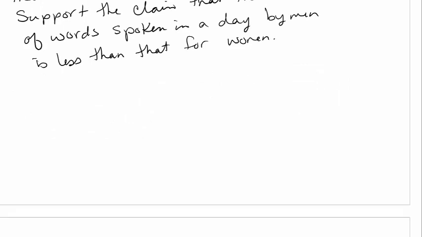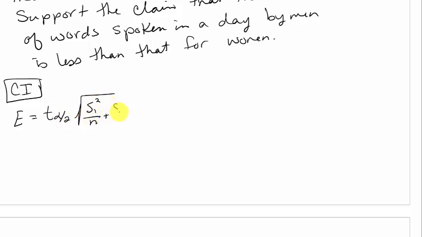Now we need to compute a confidence interval. The error formula for our confidence interval is t sub alpha over 2 times the square root of s1 squared over n1 plus s2 squared over n2. For t sub alpha over 2, you always want to use the critical value that you find for your hypothesis test, and always positive, of course, when you're plugging it into this formula.